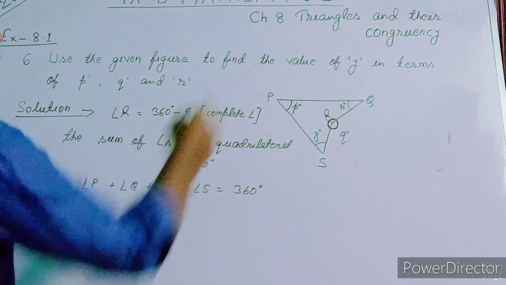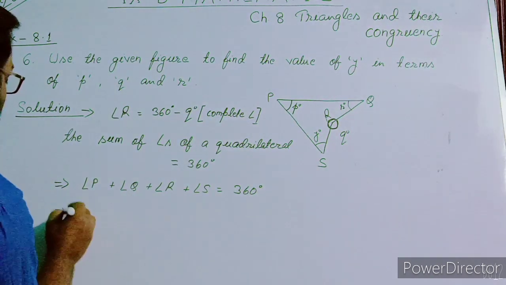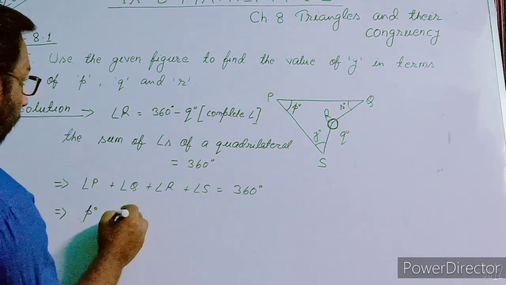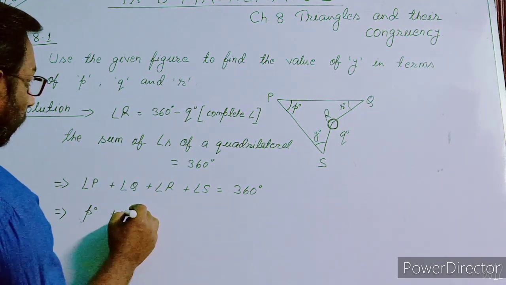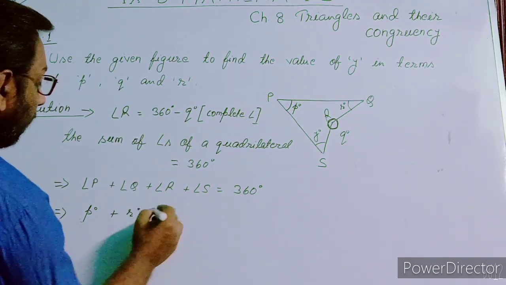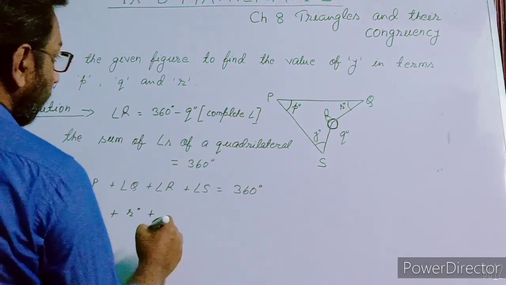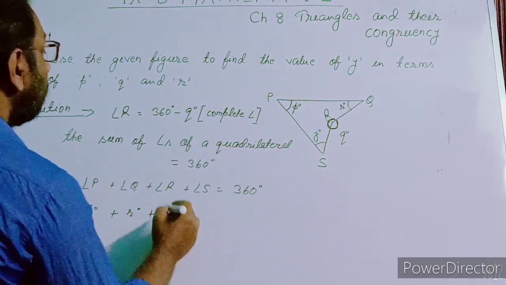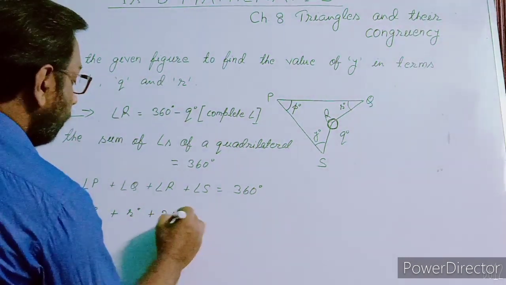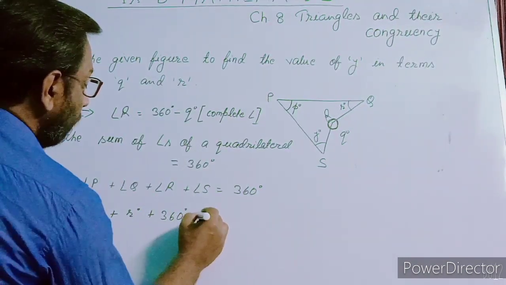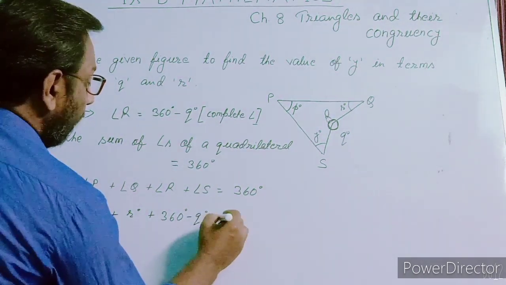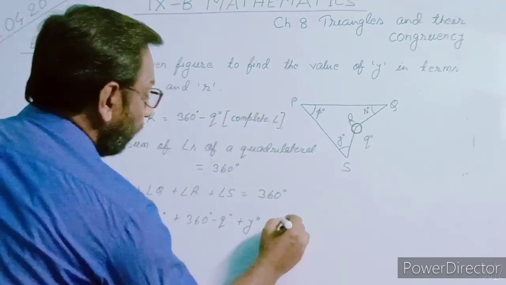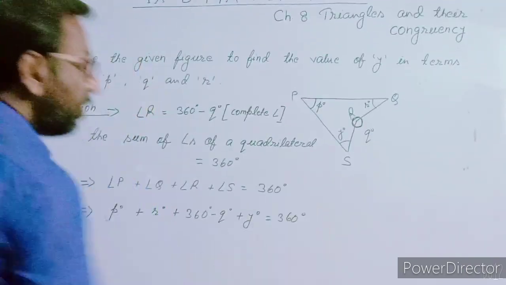These four are the angles of that quadrilateral. The value of angle P is P. The value of angle Q is Q degree. The value of angle R is 360 degree minus Q degree, and the value of angle S is Y degree, equal to 360 degree.